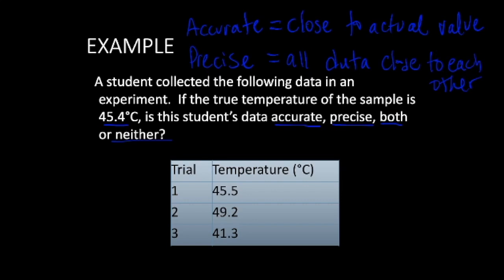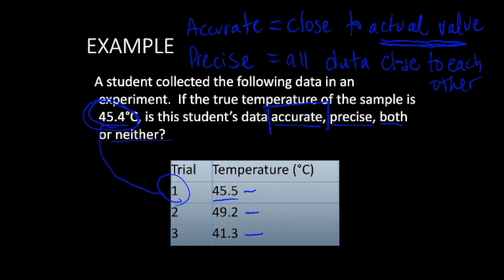So we have 3 data points, 45.5, 49.2, and 41.3. Are any of these close to the actual value, which is 45.4? Well, yes, this trial 1 is very close to our 45.4. So our data is definitely accurate. All we need is one value close to that actual data point in order for it to be considered accurate.